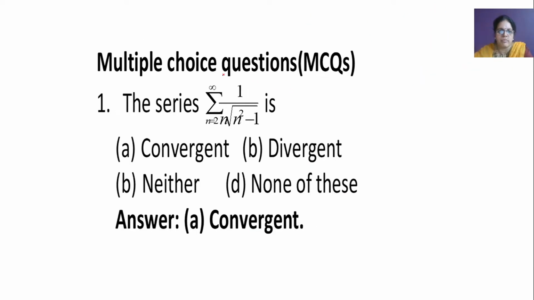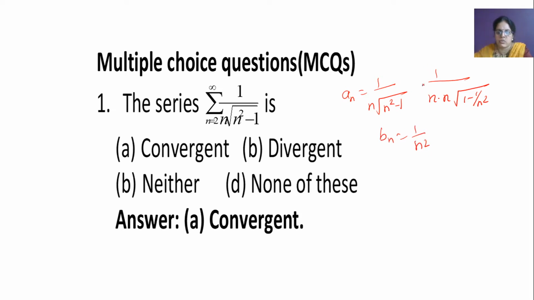Now consider a few multiple choice questions. Sigma 1 by n root n square minus 1. It is very easy to see that the nth term is 1 by n into root n square minus 1. As n tends to infinity, this nth term tends to 0, and if you compare this with 1 by n into square root of 1 minus 1 by n square, take bn equal to 1 by n square.